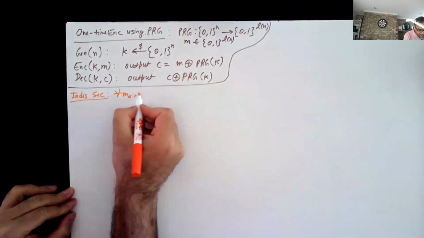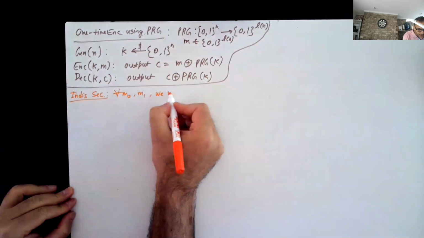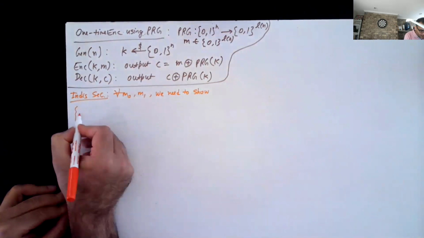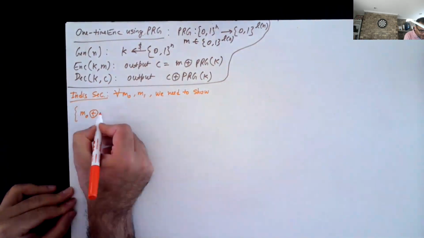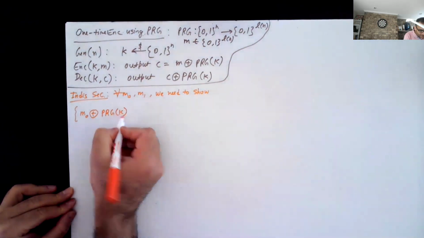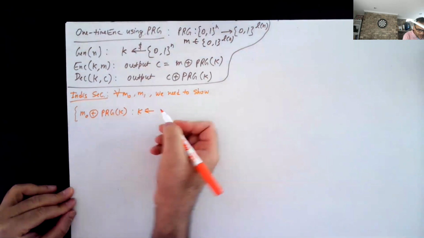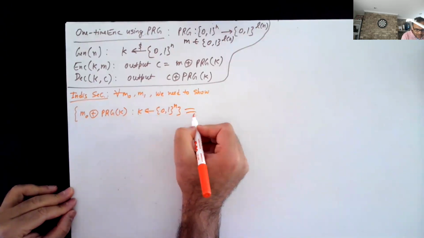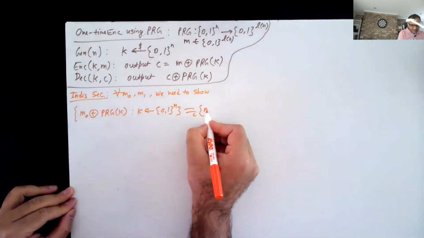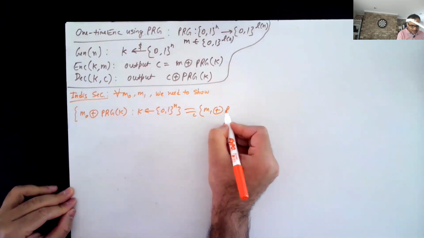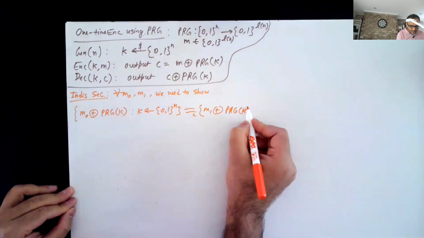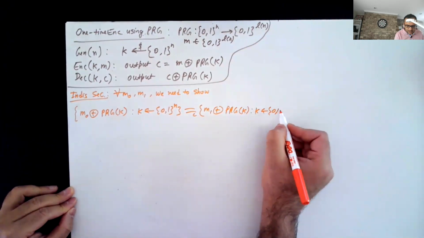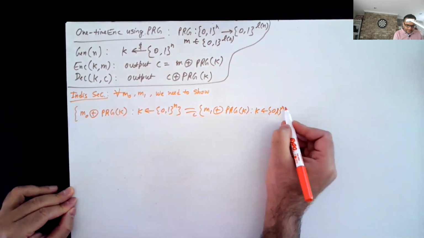For every M0 and M1, we need to show the following: M0 XOR PRG of K, such that K is uniform, is computationally indistinguishable from M1 XOR PRG of K, where K is uniform, right?